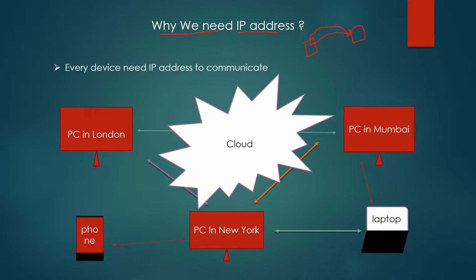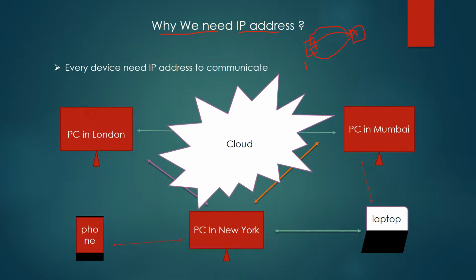Suppose a person sitting in Delhi is sending a postcard to Mumbai. How is it going to be delivered there? The very basic understanding is that we will write an address on the postcard, so that the letter is delivered to this address.